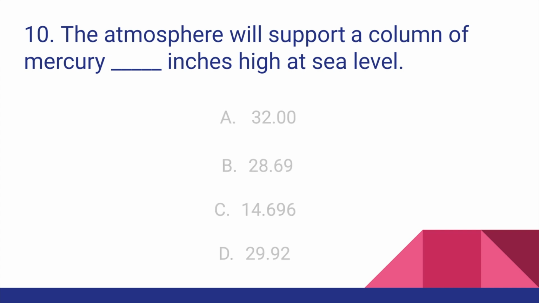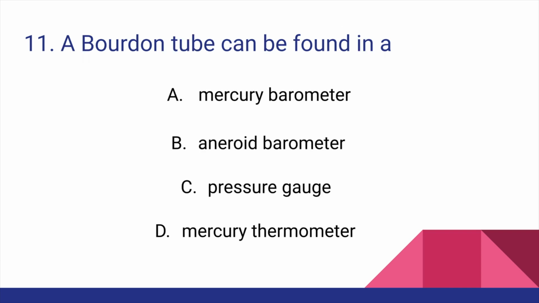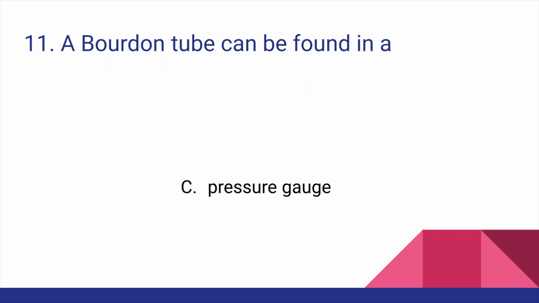Number 10. The atmosphere will support a column of mercury blank inches high at sea level. That's 29.92. Number 11. A Bourdon tube can be found in a pressure gauge.